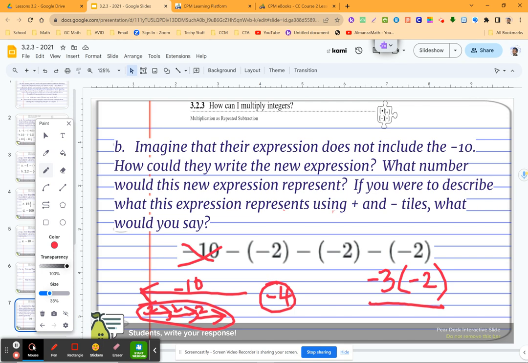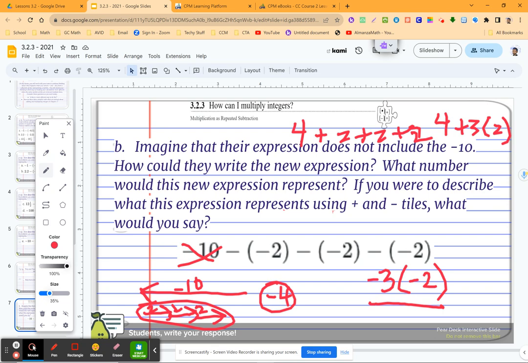If I were to have a number like 4, and then I'm going to add 2 plus 2 plus 2, it's the same thing as 4 plus 3 groups of 2.